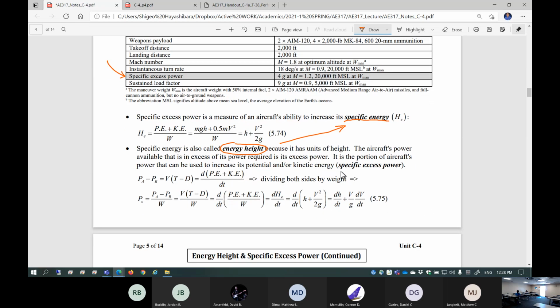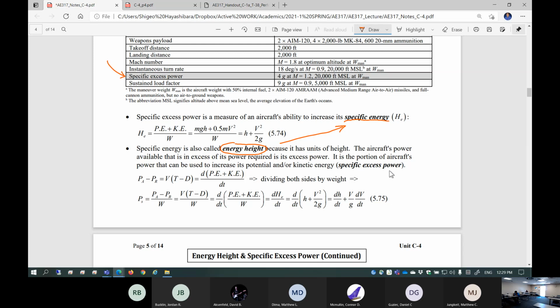Now let's talk about specific excess power. This is the excess power, power available minus power required. It is the aircraft's power that can be used to increase its potential and/or kinetic energy.